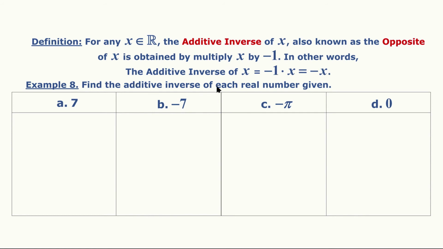So we want to find the additive inverse of each of these numbers that are shown here. So of course for 7, the additive inverse will simply be -1 times 7, which is -7. How about for -7? Well, remember, this is going to be a mutual relationship.